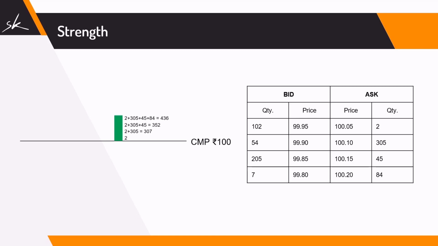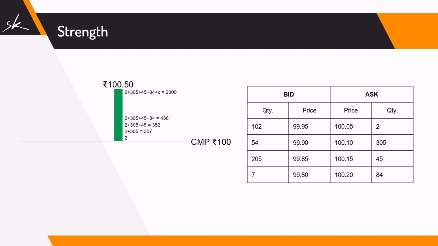If I buy 20 paise expensive, I can get 2 plus 305 plus 45 plus 84, which is 436 shares. The more expensive I buy, bigger the quantity I can get. Therefore, for 2000 shares, I might have to buy 50 paise expensive from the current market price.